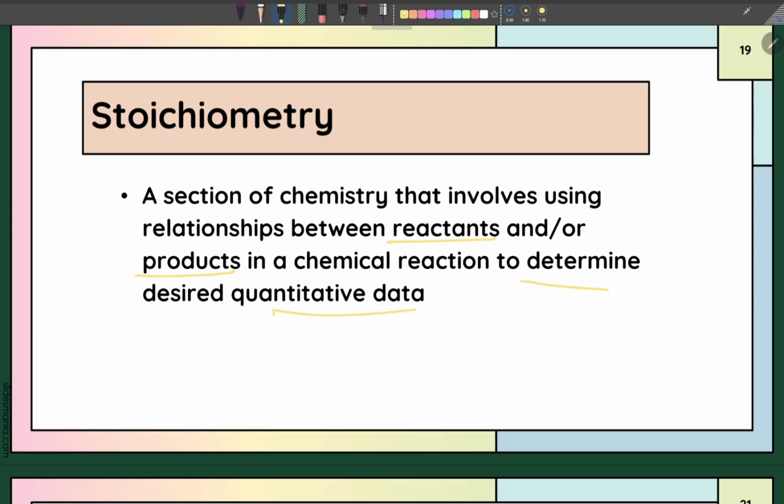This concept is very important in experimentation, so that you will also save a certain amount of substances or chemicals. If you're expecting to get a certain amount of product, you have to calculate the amount of reactant needed to get that product.